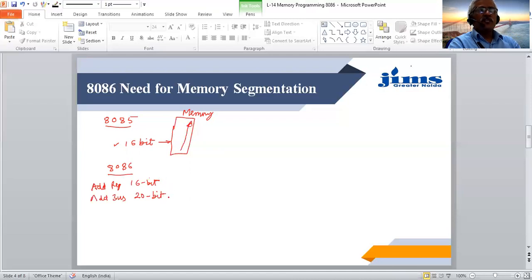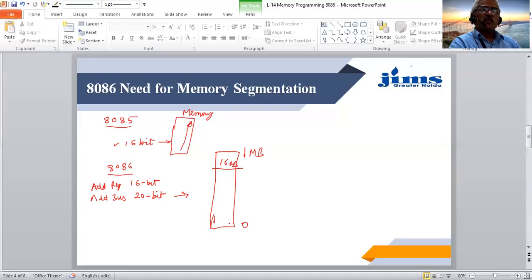This could be achieved by segmenting the memory. With the 20-bit address space, the total memory space can be from 0 to 1 megabyte. But at a time, you can address only 64 kilobytes.